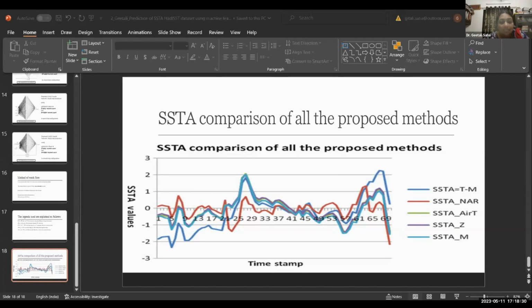And the constraint is that for all locations, this data is not completely available. Some data are missing. And the reason for selecting this time period is that it is a vital time period where many El Nino and La Nina changes have occurred. So I had to go with this time period. Supposing I take some recent time period, probably I'll be able to judge that.